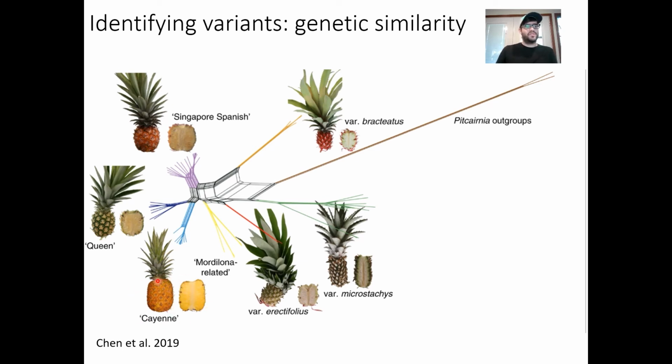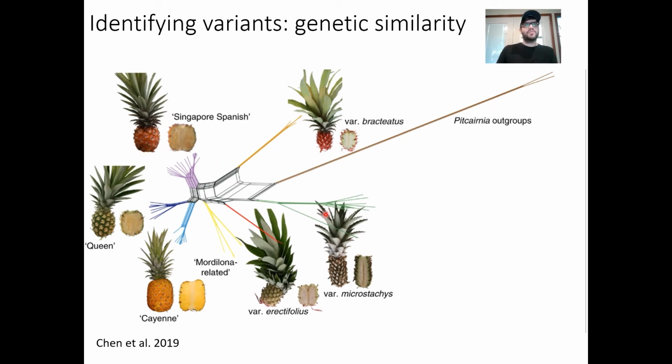These are the Cayenne group cultivars. They're really large, have yellow flesh, and are very sweet. Then we have 2 other groups that you would see most commonly in Southeast Asia and in South and Central America. These Queen varieties are really small, individual sized, and very, very sweet. And then this Singapore Spanish, which is also very small.